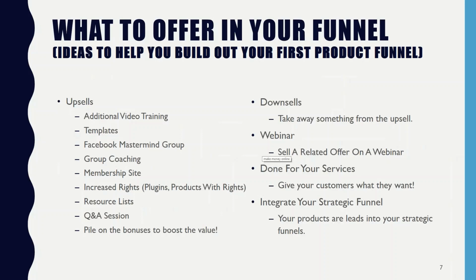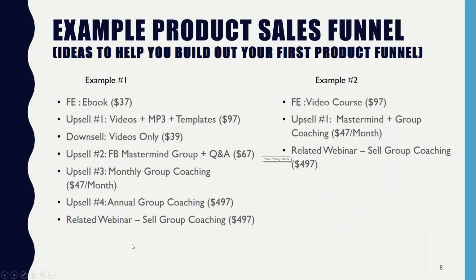You could offer resource lists, Q&A sessions, and then pile on the bonuses to really boost the value. You can offer downsells, which allows you to basically take away something from the upsell, and then you call that a downsell. You can do webinars. You can do done-for-you services to really give your customers more value. Integrate your strategic funnel, so your products lead into your strategic funnel. So these are all things that you can do.